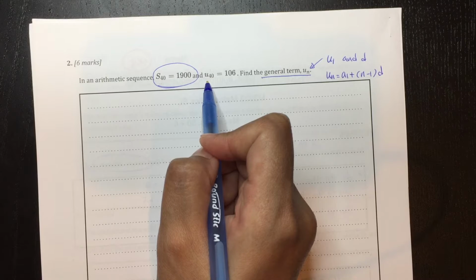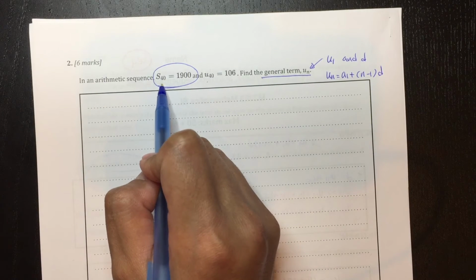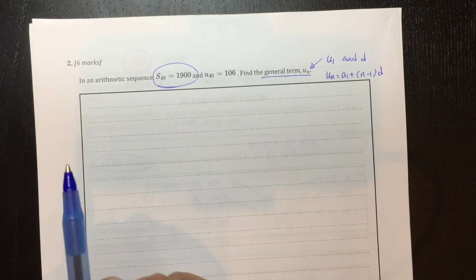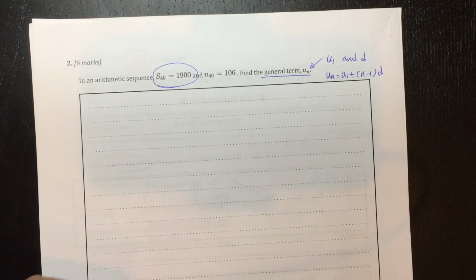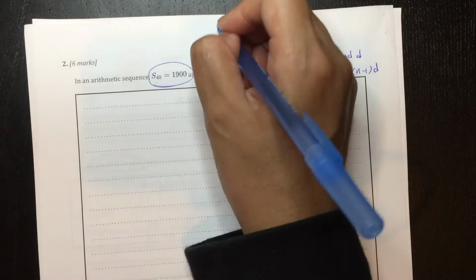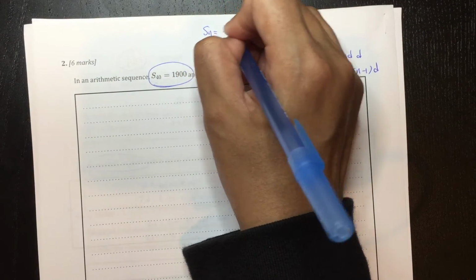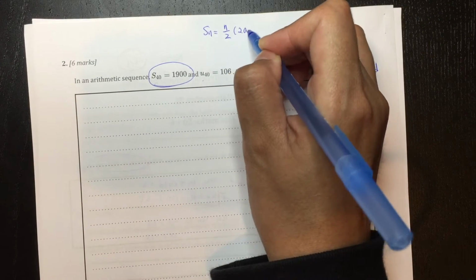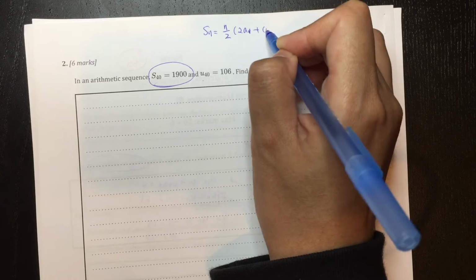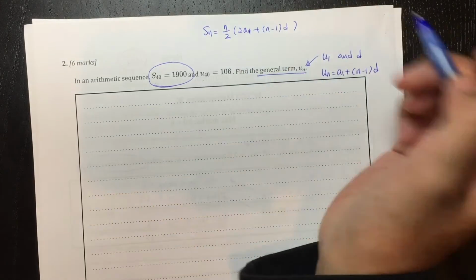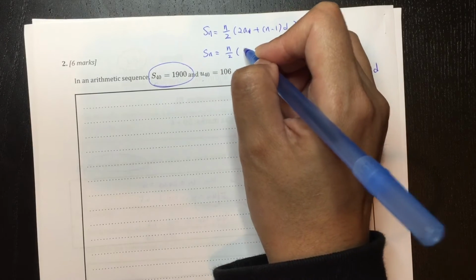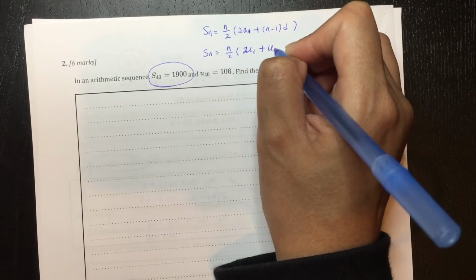So using S40, let's try to find U1. The reason is there are two formulas for the sum, right? The first one is n over 2 times 2a1 plus n minus 1 times d, and the other formula is n over 2 times U1 plus Un.